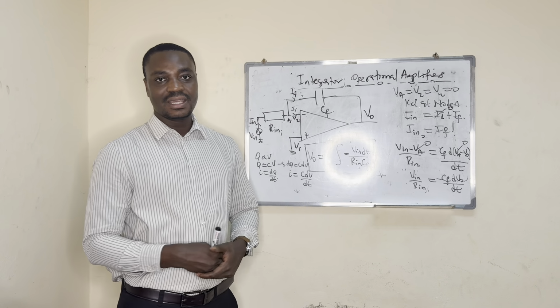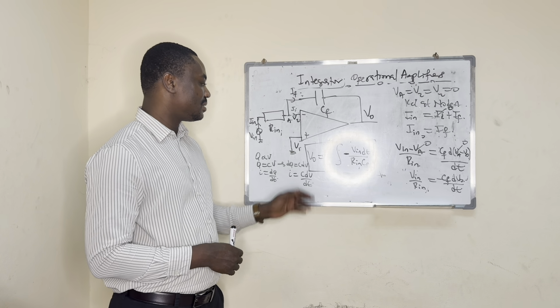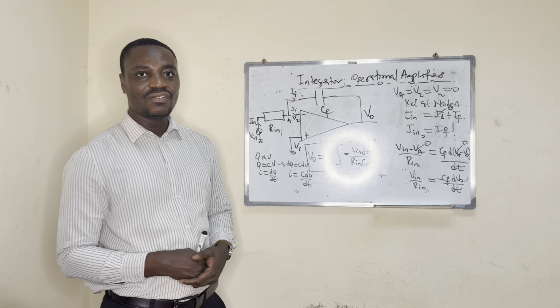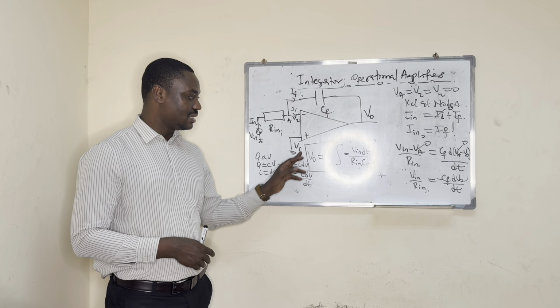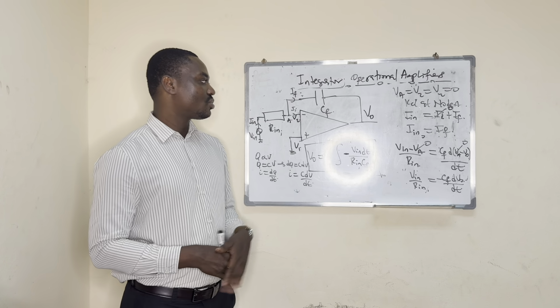So we go through the same process again. We have V1 grounded, that is the non-inverting input terminal is grounded. As a result, V2 is also grounded because of virtual ground.